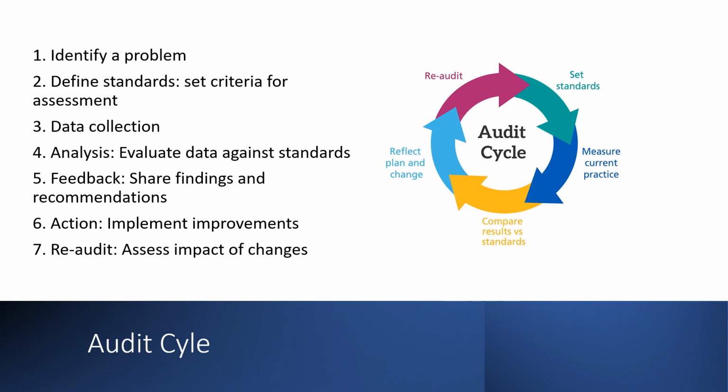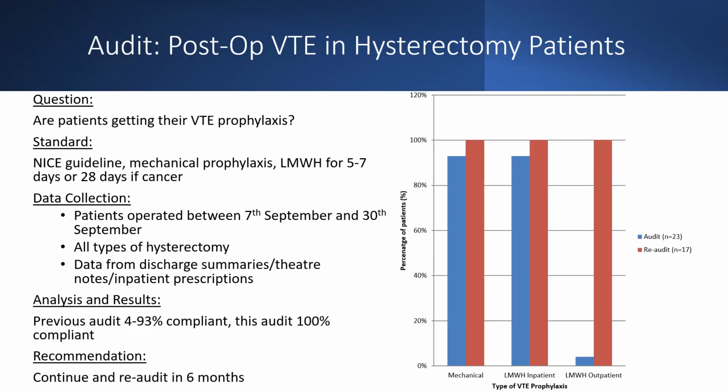So I'm going to give you an example of an audit that I did a number of years ago. We were making sure that venous thromboembolism prophylaxis was being delivered to patients who'd had hysterectomy. A previous audit had been done and had shown that a lot of patients weren't getting their VTE prophylaxis, either in the form of mechanical prophylaxis or pharmaceutical prophylaxis in the form of low molecular weight heparin.